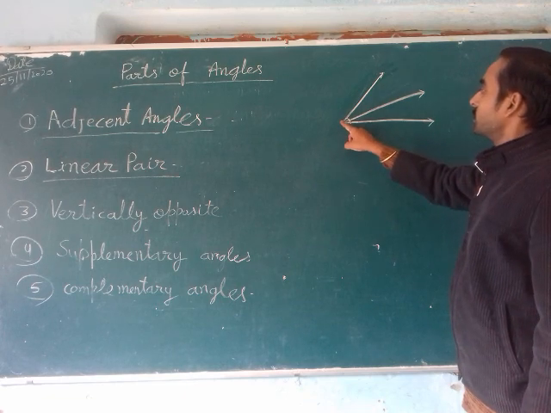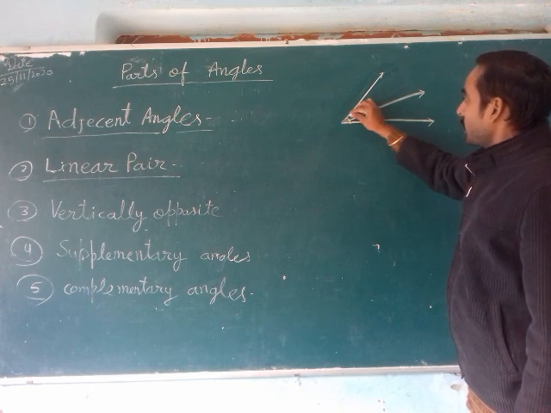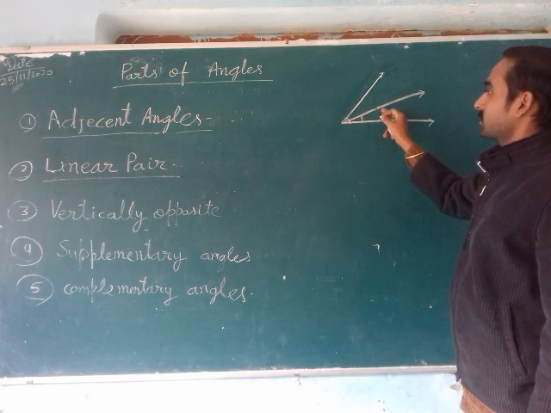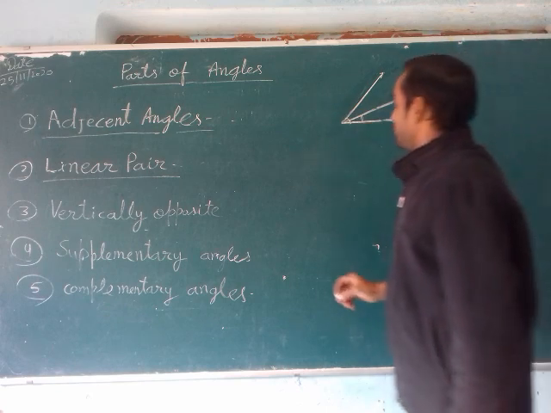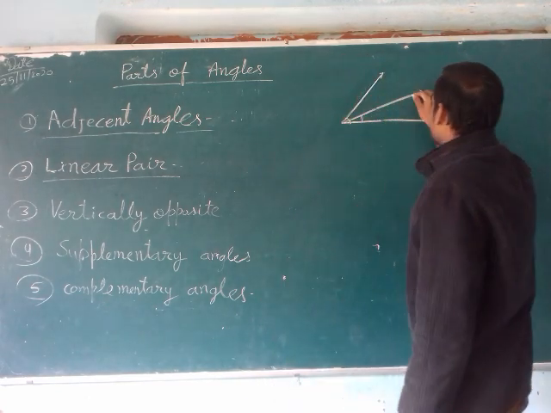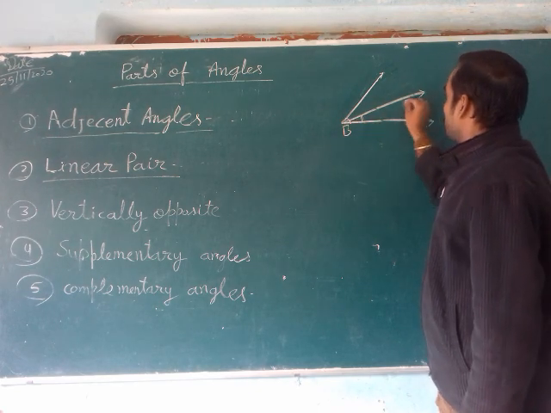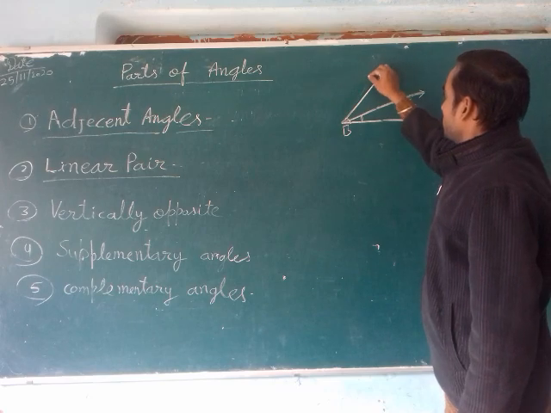It is called a vertex point. When two angles have the same vertex, those two angles we call adjacent angles. Suppose this is angle ABC, and this is angle CBD.